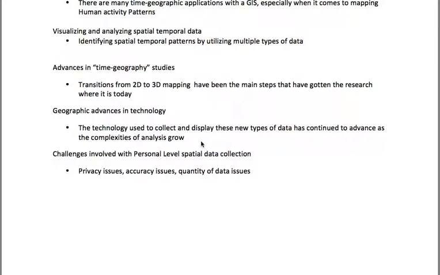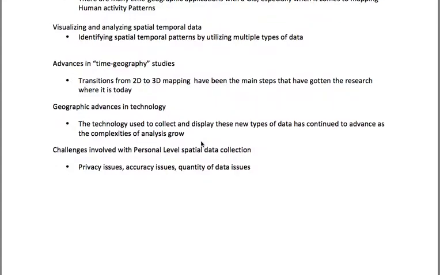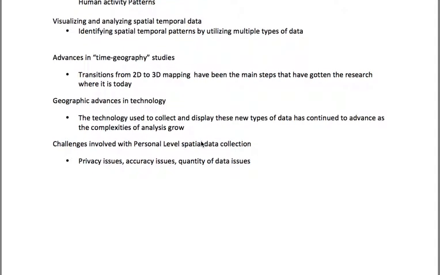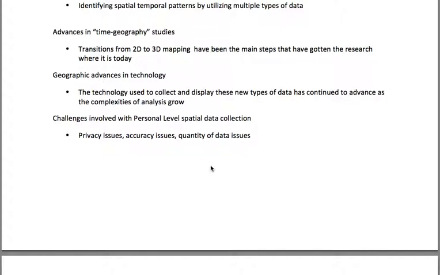So basically, technology keeping up with the research and body of knowledge. And the last topic was challenges involved with personal level spatial data collection: privacy issues, accuracy issues, and the quantity of data issues.